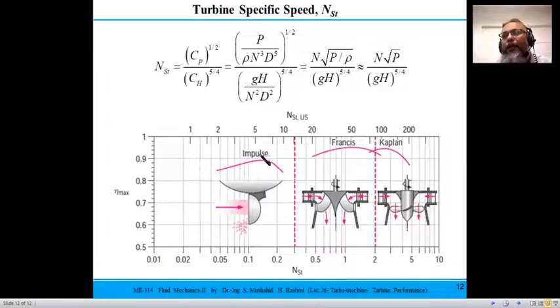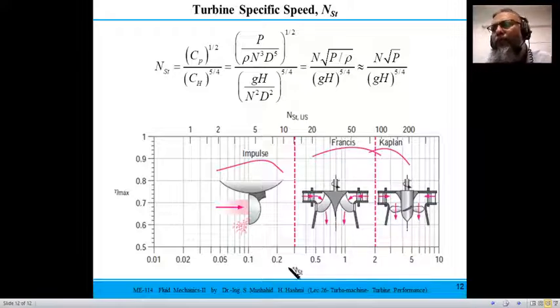As you see, for impulse turbines the efficiencies are almost 0.87 to 0.9, not much change. But Francis and Kaplan differ: for example, the Kaplan turbine would have a higher turbine specific speed, and Francis would be in the middle. That one is a tangential flow. Kaplan is an axial flow, where fluid goes parallel to the axis of rotation, and Francis is a mixed flow turbine.